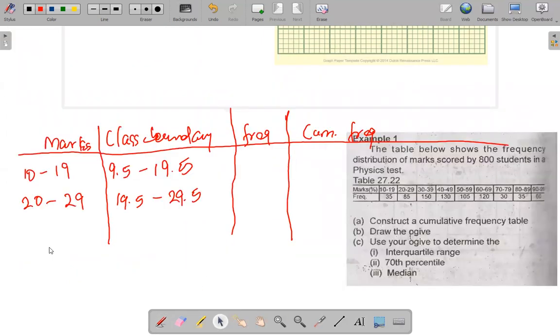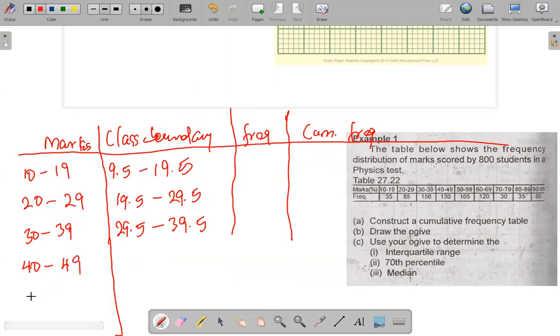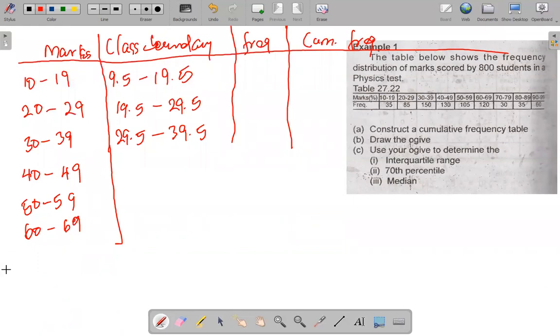The next one is 30 to 39, and the boundary will be 29.5 to 39.5. The next one is 40 to 49. Let me put all the intervals first. Then 50 to 59, 60 to 69, 70 to 79, 80 to 89, and then 90 to 99.